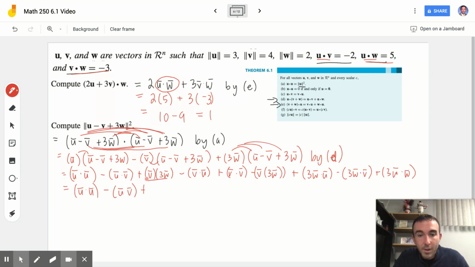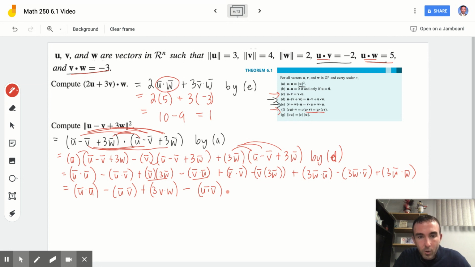Like here, I have v by 3w, so I can rewrite that as 3vw. Just push the 3 out to the front by using property F, that we can take those scalars out and move them. Same thing with the next one. This would be property C. I have v by u, but up here, they gave me the dot product of u and v. So let me rewrite it in that order so that we stick to what we have.